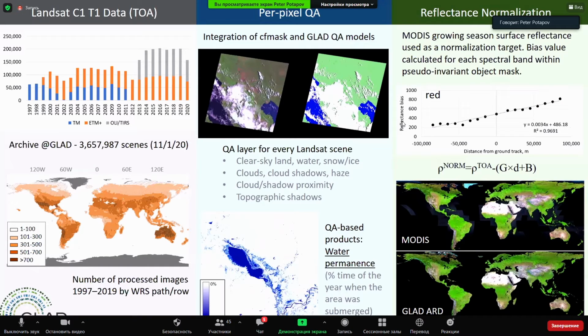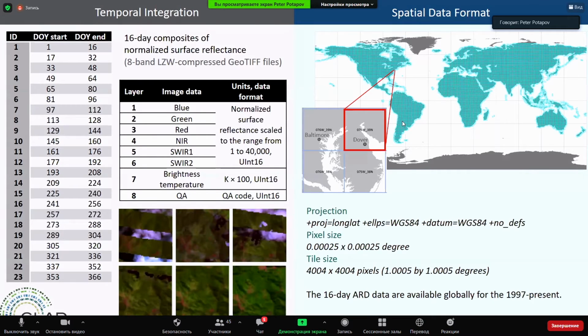We define the objects that we consider to be stable or permanent, where we see the same land cover in the same condition, in the same status, both on MODIS and Landsat, and we compute the difference in reflectance, and we take it to be a function of the angle of imaging. So in one model, we can adjust for scattering of light and absorption of light by the atmosphere, and also the anisotropic effects of the albedo.